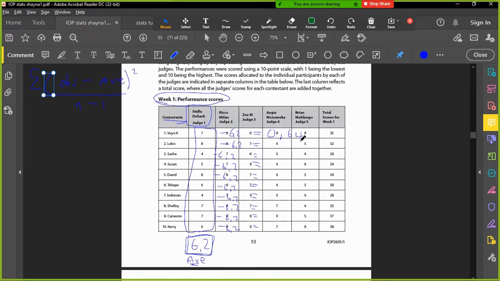And then 8 minus 6.2. That's 3.24. Yeah, 3.24. 4 minus 6.2 gives 4.84. 4.84. Then 5 minus 6.2.